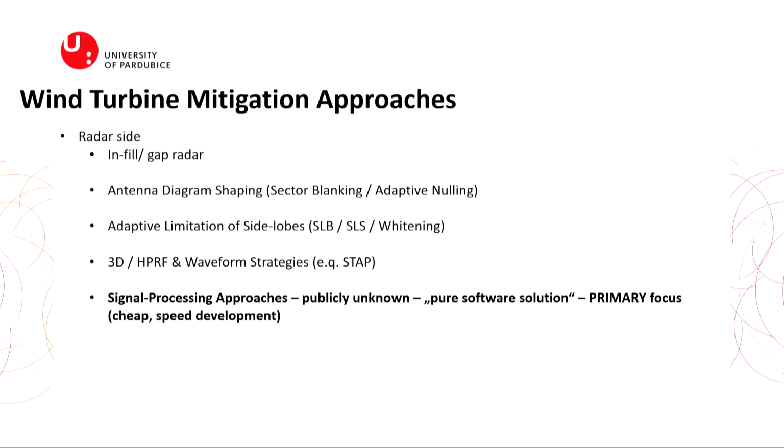Next is antenna diagram shaping: sector blanking or adaptive nulling, so that the beam avoids strong wind turbine reflection. But this means you can't see in this exact direction, in this resolution cell. Then the next method was adaptive limitation of side lobes: side lobe blanking, side lobe suppression and whitening to reduce clutter sensitivity. It is good for adaptive CFAR algorithms.